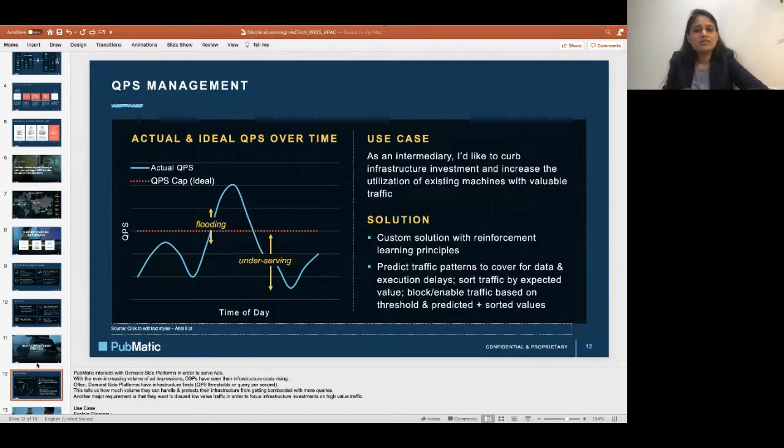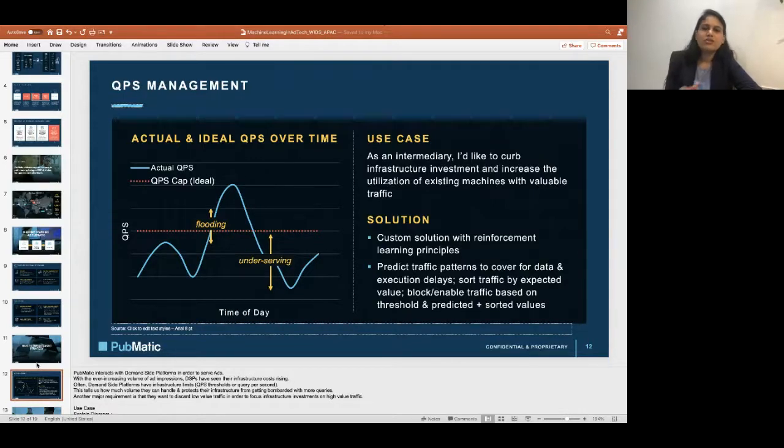Another major requirement is that they want to discard the low value traffic and focus their infrastructure investment on high value traffic. So the use case over here is: as an intermediary, I would like to curb the infrastructure investment and increase the utilization of existing machines with the valuable traffic. This will become more clear with the help of the diagram.